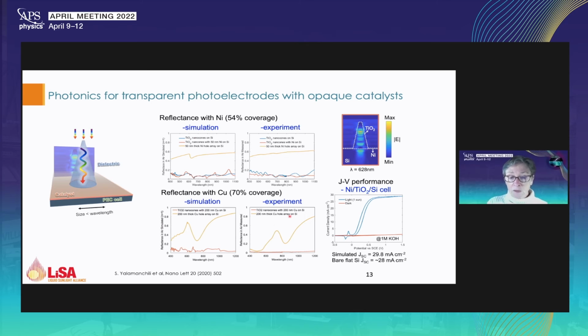And these experiments and simulations have shown that by having these cones present on the surface, you can take advantage of the photonics and get very good light transmission, even though these layers are fully opaque and continuous. And the current potential curves bear that out here.